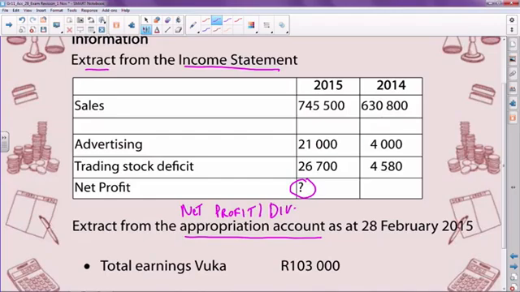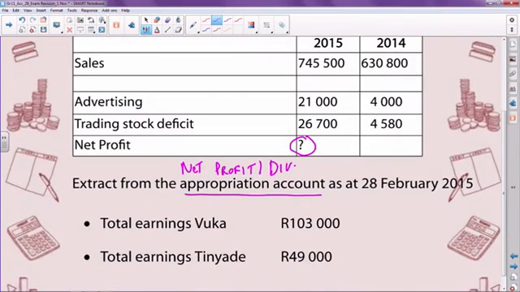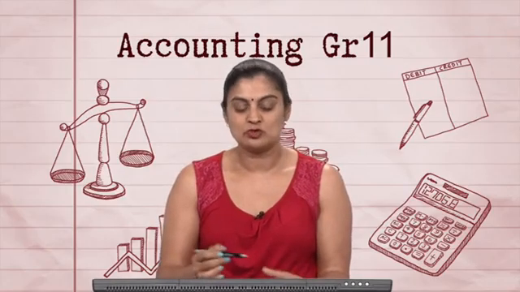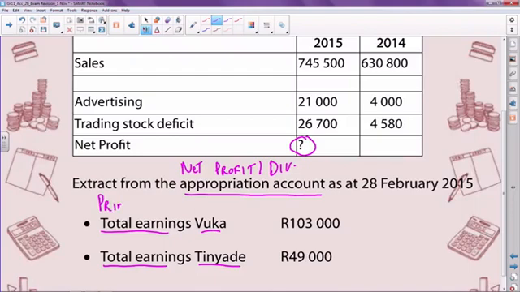Right, so the extract of the appropriation account as at 28th of Feb 2015. So I'm given total earnings for partner Vuka, total earnings for Tanyade. Now again, guys, a reminder, when we talk about total earnings, remember here we are referring to your primary distribution of profit plus your final distribution of profit.